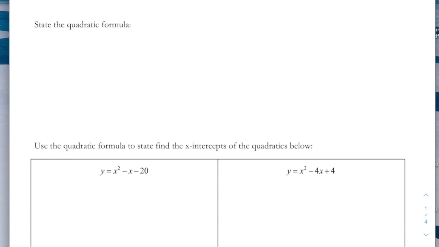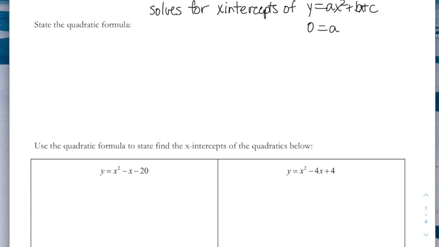So first of all, we know that the quadratic formula solves for the x-intercepts of y equals ax squared plus bx plus c, i.e. it solves this equation.